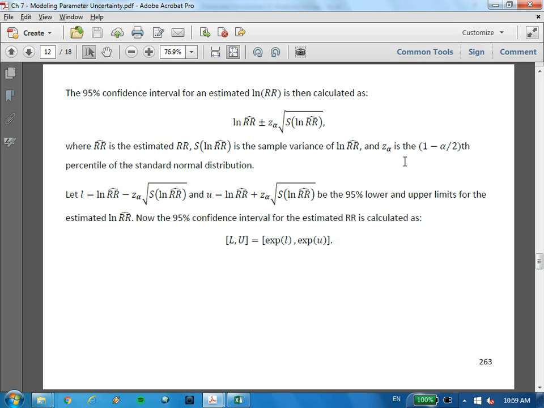Now, this is what is reported in the literature. Now I want to be able to sample from the distribution that can fit to this measure.